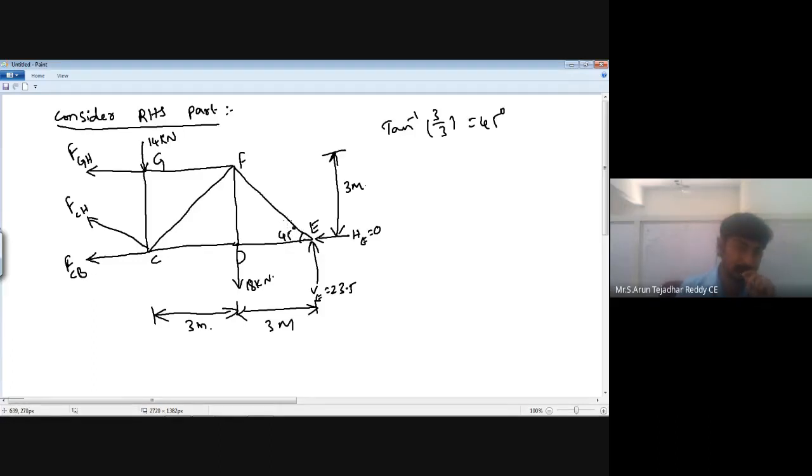Once again observe, is there any inclined member, then the corresponding angle acting here, that is 45 degree. Now resolve the force.